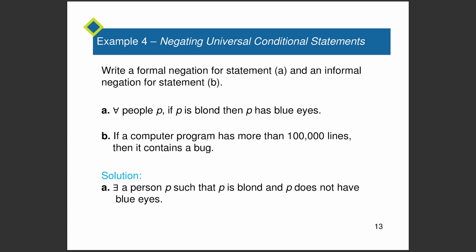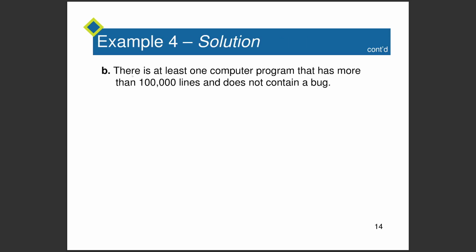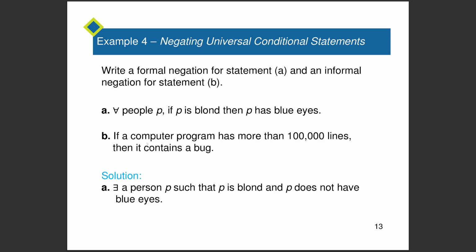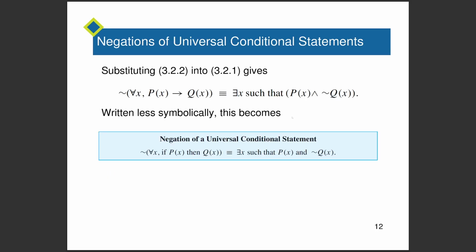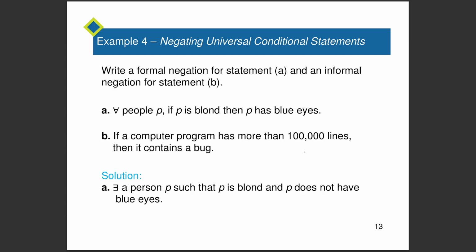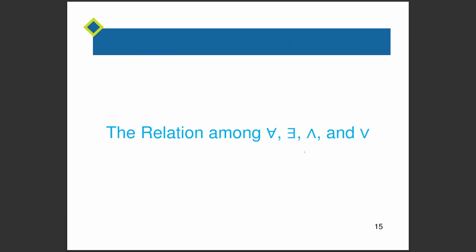If a computer program has more than 100,000 lines, then it contains a bug. There is at least one computer program that has more than 100,000 lines and does not contain a bug. So not Q part. Okay, so that is very important.